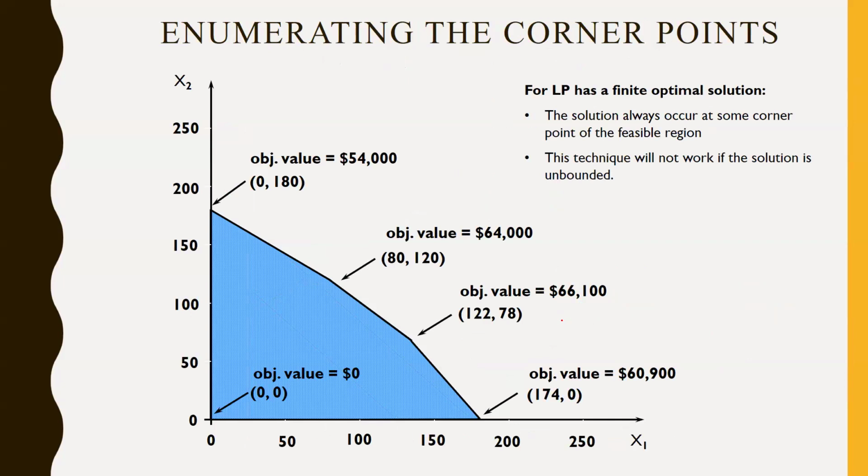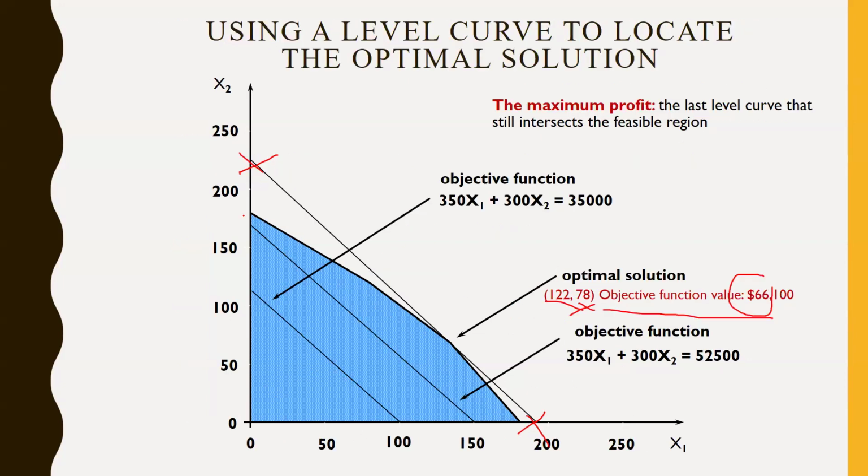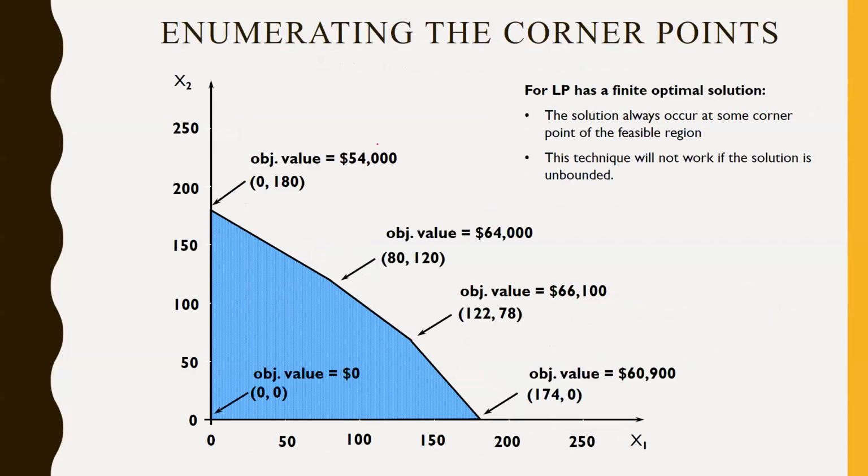Okay. And also we can find this point, like we show the profit like this: 54, 64, 66, 60. This is the maximum. You will produce the maximum profit by using 122 of phosphan and 78 of hydrogen.